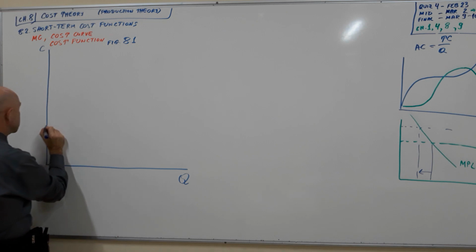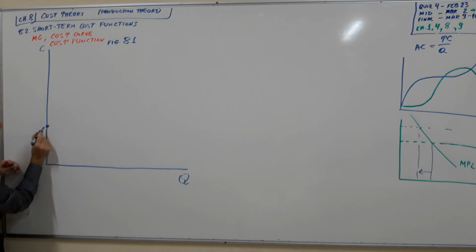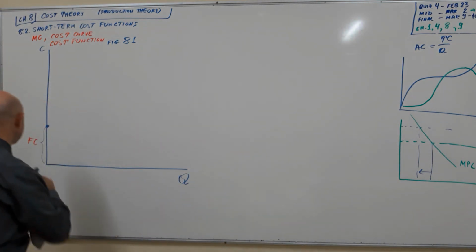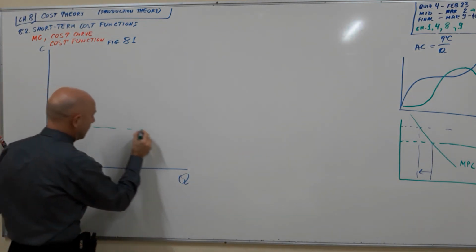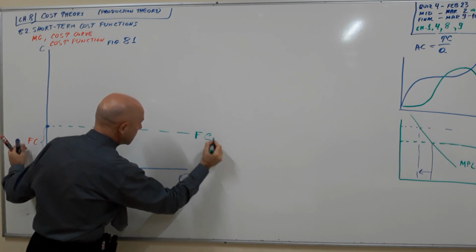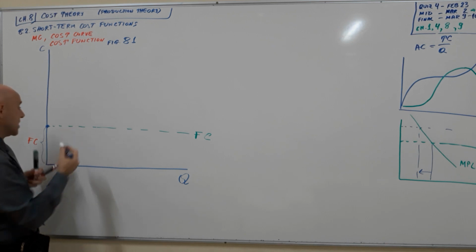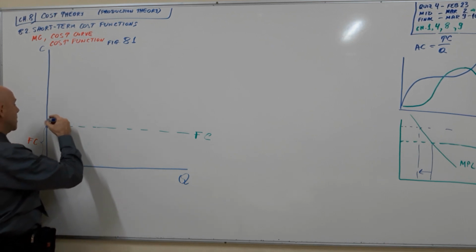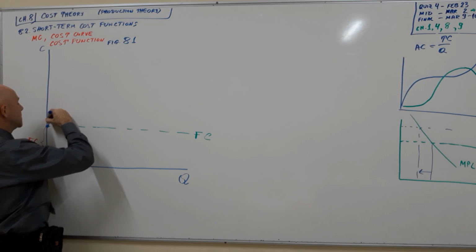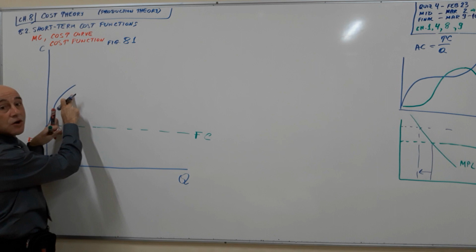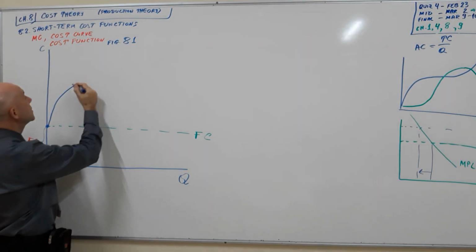Total cost begins somewhere here. This part here is the fixed cost. Okay, and I'll draw here the fixed cost. So whatever is the fixed cost. Then at the beginning it rises. Remember, early on, it rises very rapidly because you don't have economies of scale, you're not very efficient.